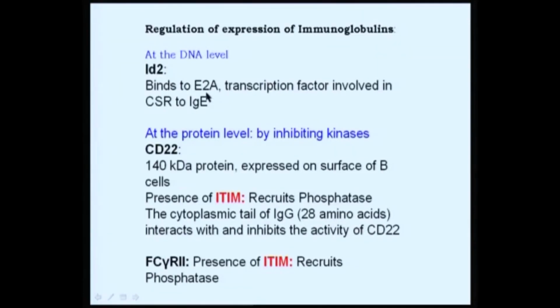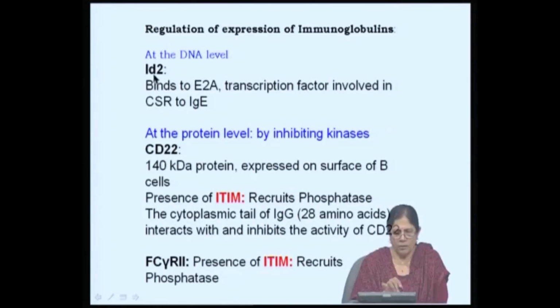Now, to prevent such switching between IgM and IgE for all antigens, there are transcription factors like E2A, which are down regulated by ID2. These ID2 are present all the time, so that they suppress E2A and therefore suppress the class switching from IgM to IgE. Now, this is happening at the DNA level.